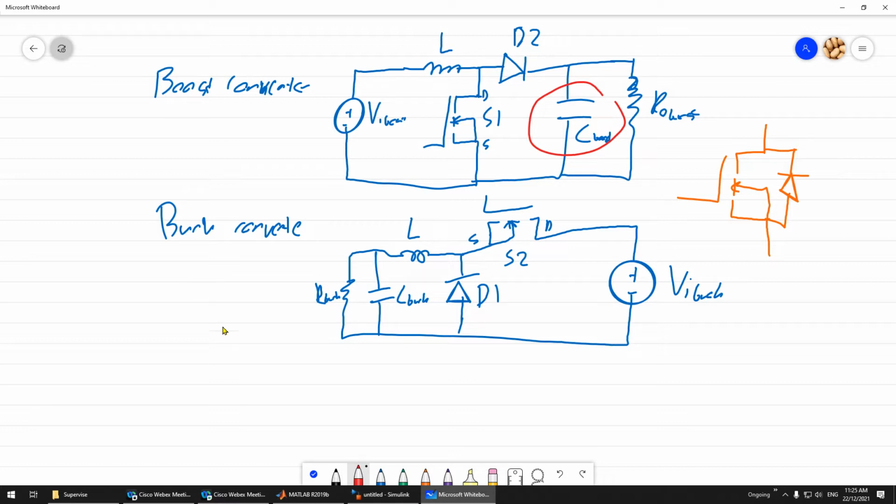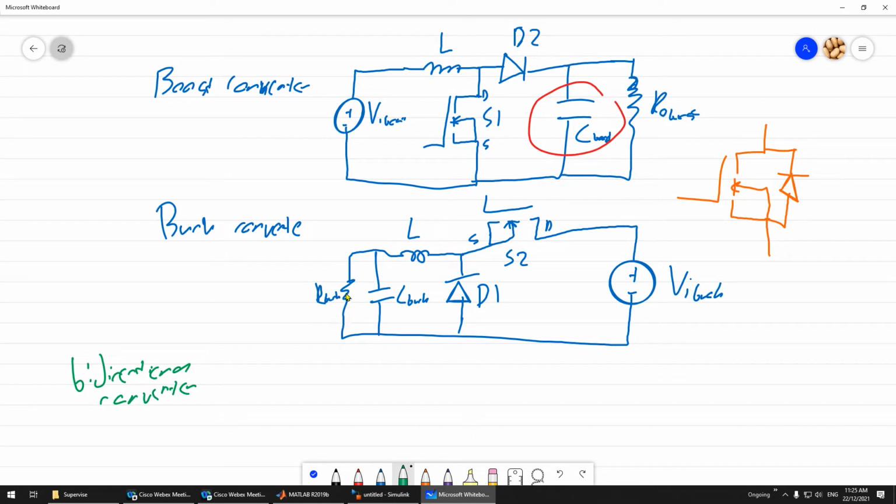So if we transfer this into a bidirectional converter, this is the bidirectional converter. Okay, we replace the resistance with just a voltage source. No need for resistance.